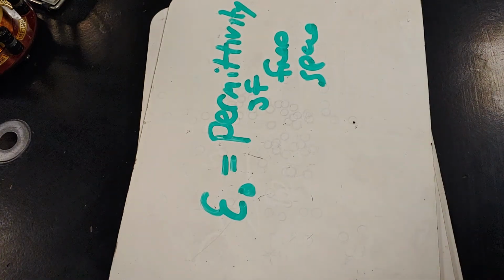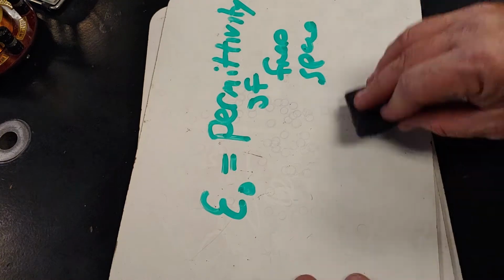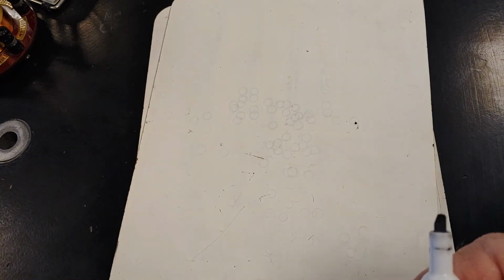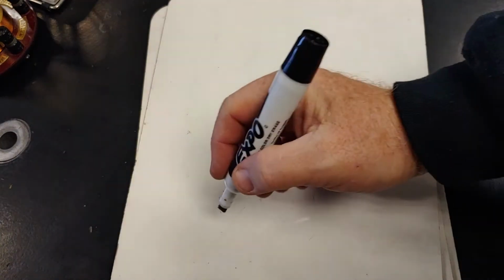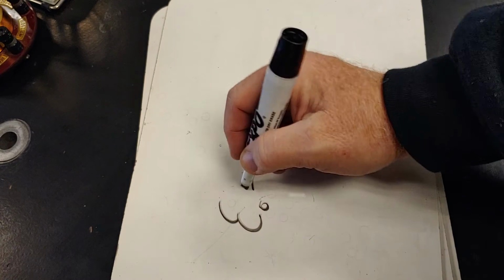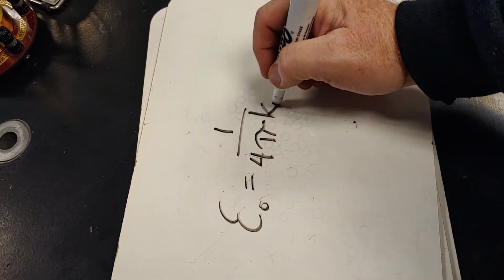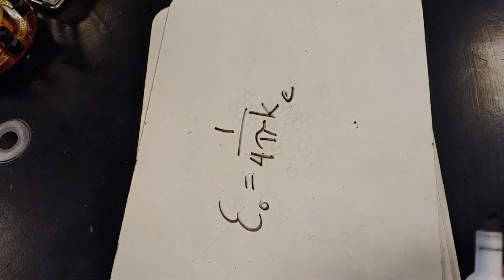And as we saw in our discussion of capacitors recently, that's very much like what Coulomb's constant represents. And of course, we remember that epsilon naught is just 1 over 4 pi times Coulomb's constant.